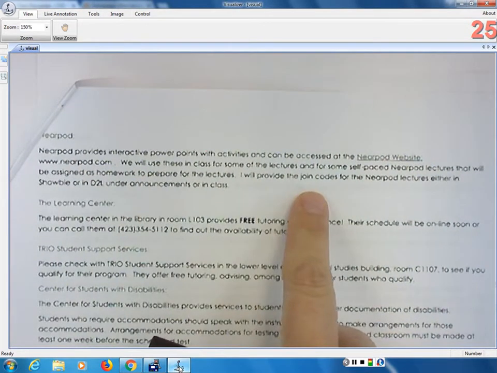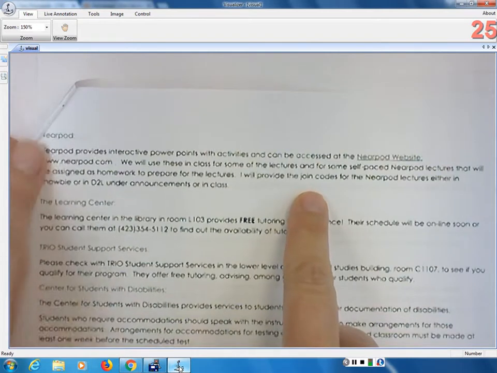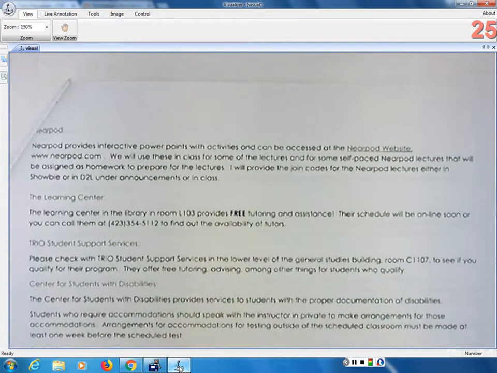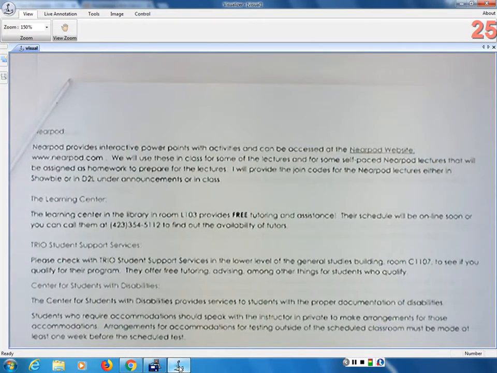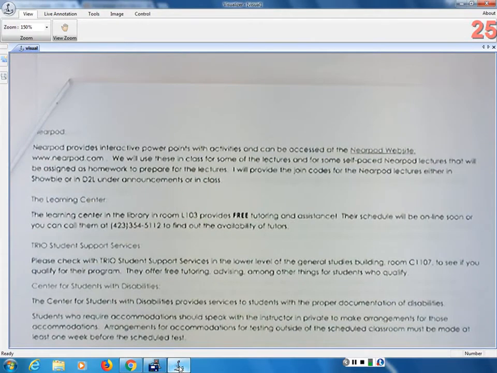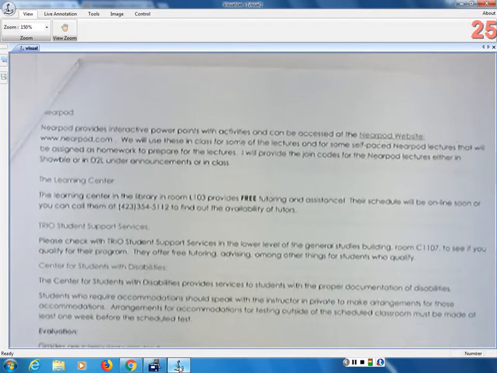You don't have to make an account. Basically, Nearpod is PowerPoints on steroids. It's got activities in there and little quizzes to help you understand it better. And I even put in 3D pictures that you can just take a break with. Those are all popular there.